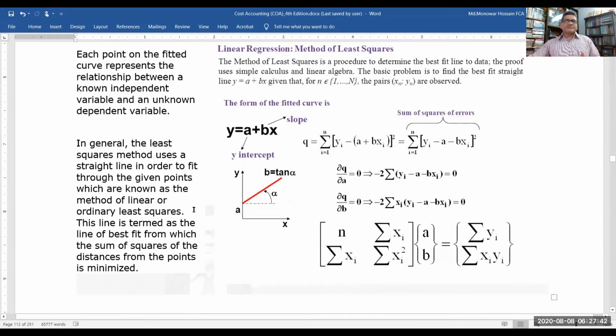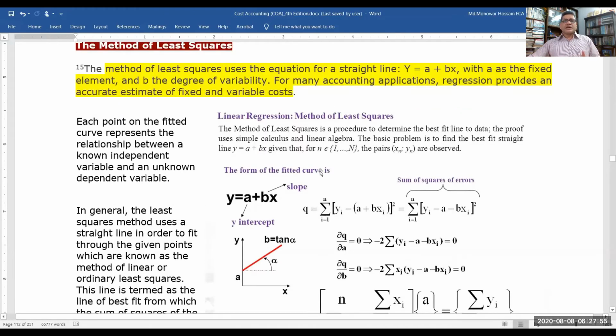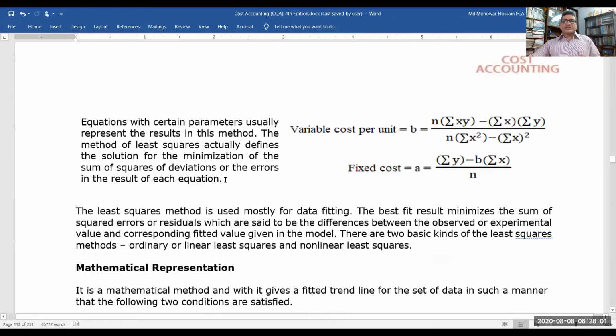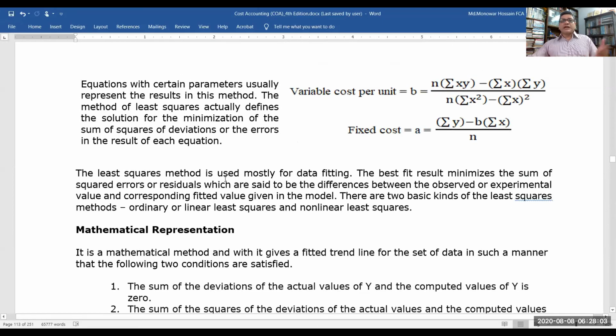Look here: b is the slope and a is the y-intercept. The linear regression method of least squares we can calculate through this mathematical equation. Here the variable cost per unit would be b, and fixed cost would be a.